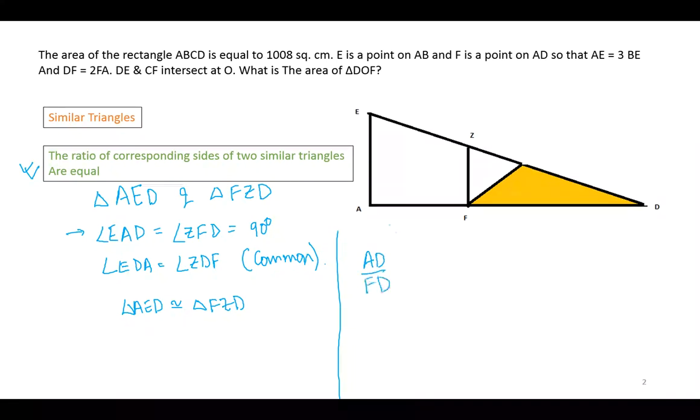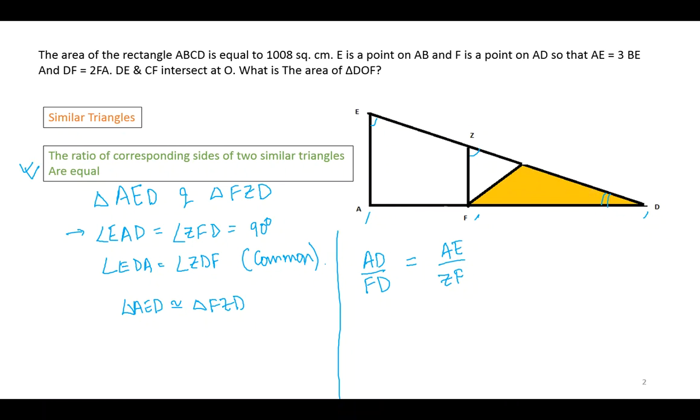So I'm going from A to D and I'm going from F to D. Basically I'm taking the sides opposite to these two angles, and this is equal to AE by ZF. So I'm taking the sides opposite to this angle, which is common to both.